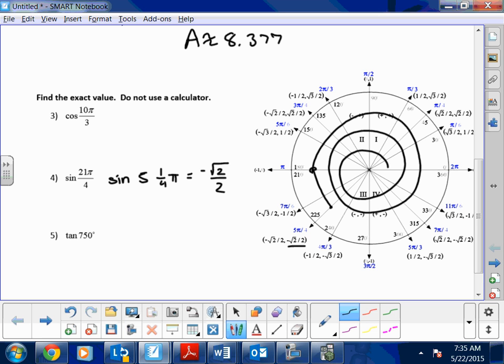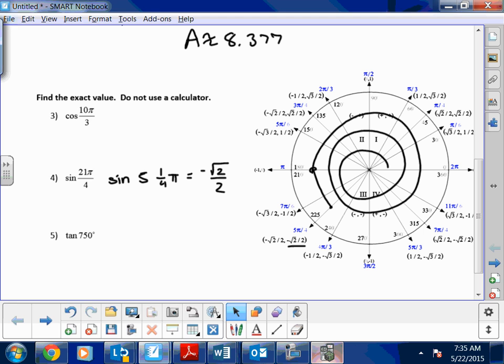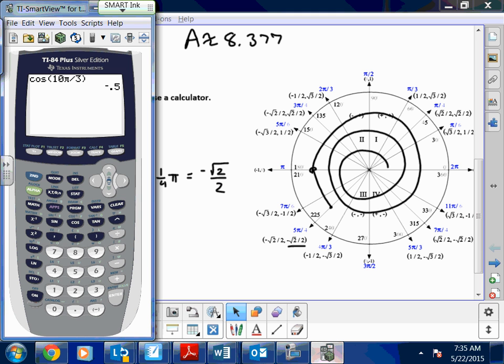-√2/2. Now, if you wanted to see if you got the right answer, an easy check is just to use your calculator. All you do is do the same thing. Sine of 21 pi divided by 4 gives you this -7.7. You might be wondering, is that really -√2 divided by 2?